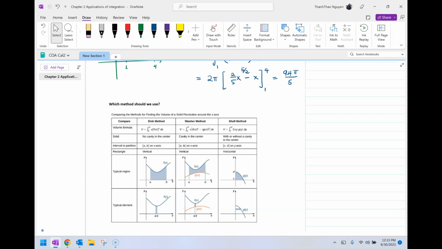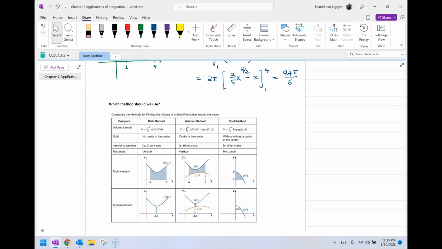And you can use the shell method whether or not there is a cavity in the center. So it's entirely up to you to use what method is best. The shell method will apply to pretty much anything, depending on the region you rotate and the axis of rotation, and then you decide whether you are evaluating with respect to y or with respect to x.